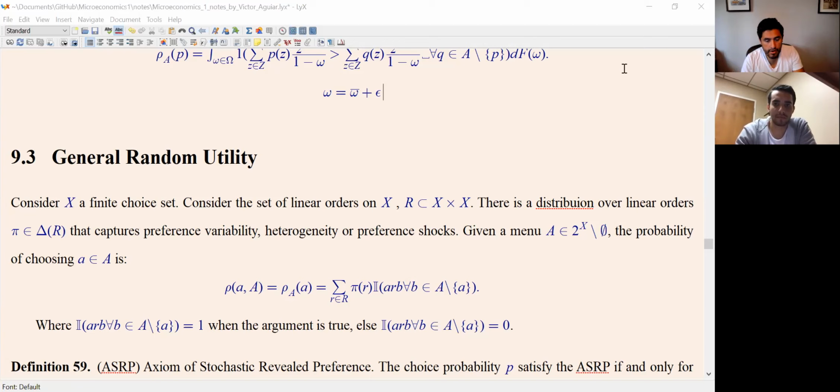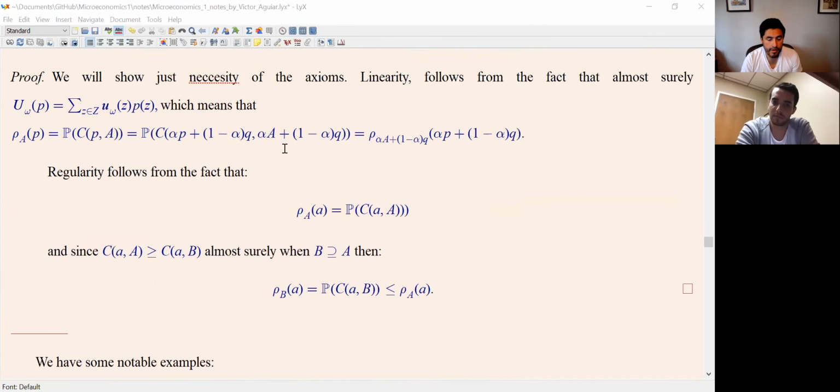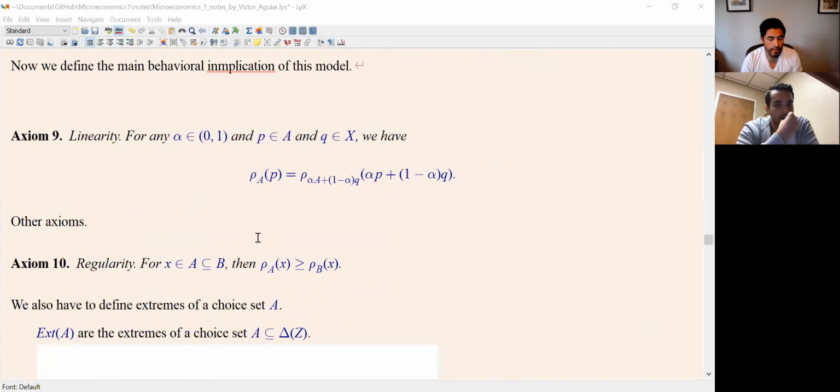Now the question is, what about the random utility? We learned in the previous class that we have this regularity property. So what was the regularity property? If you have a random utility model, then you have to have the following property, which we call regularity.